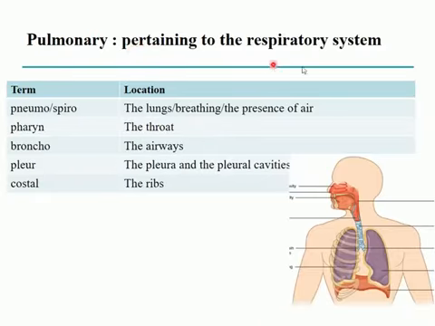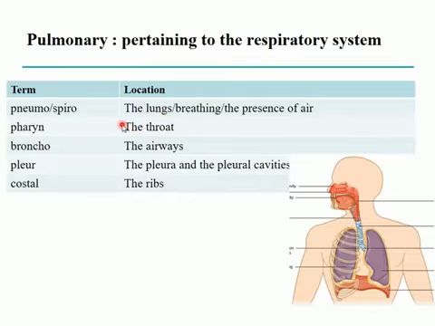Pulmonary relates to the respiratory system. Pneumo or spiro relates actually to the lungs themselves. A spirometer measures lung function. You can have pneumonia, which is a very bad infection of the lungs. The throat in medical texts is called the pharynx, and pharyng is what we use for throat.